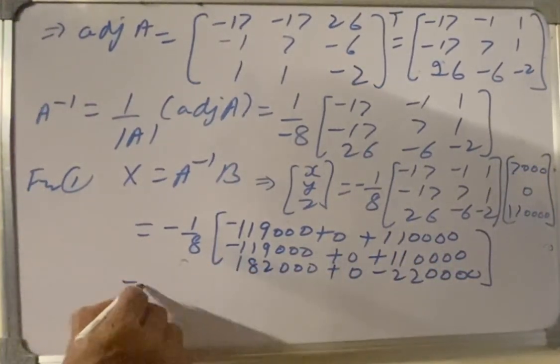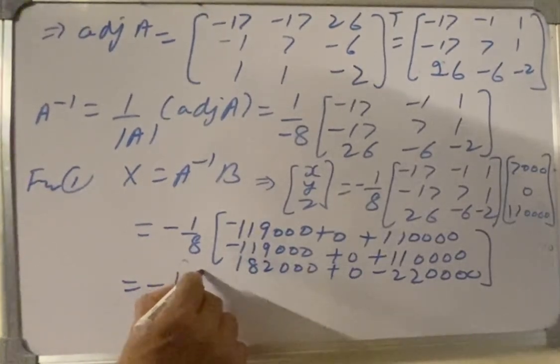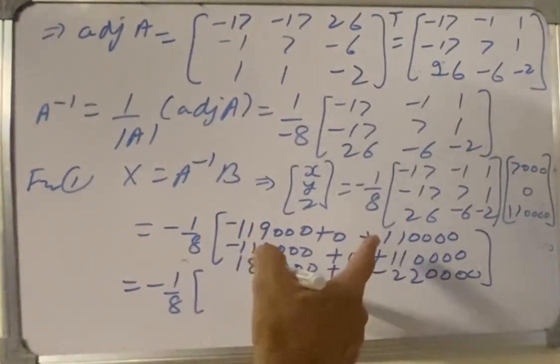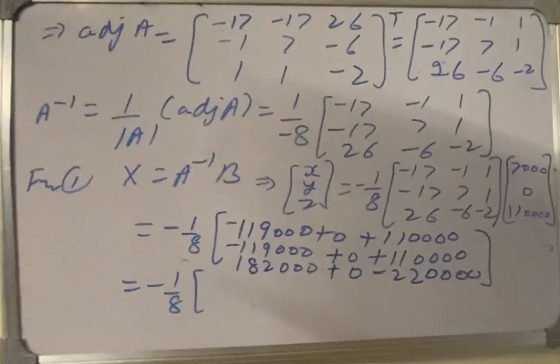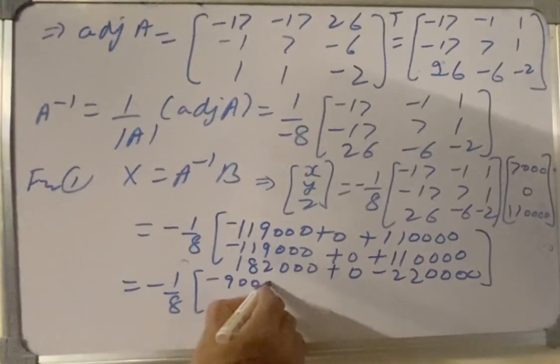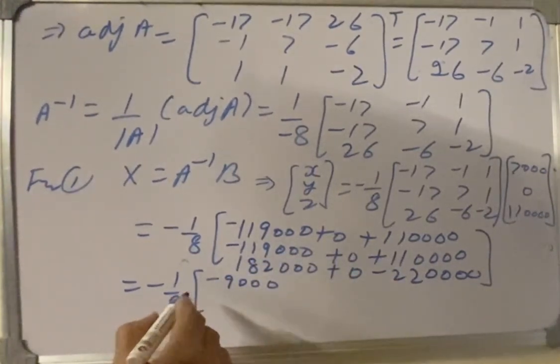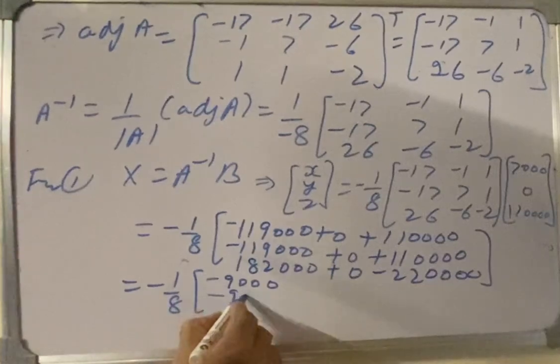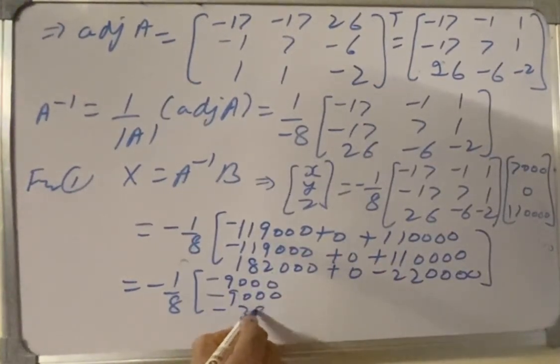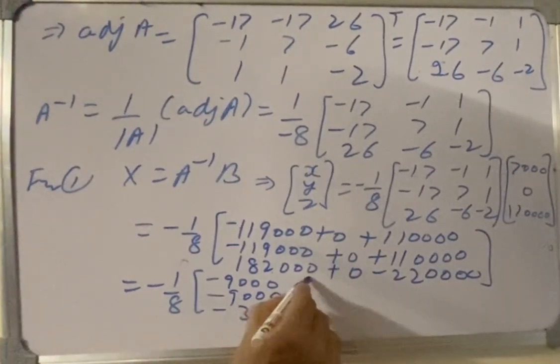So we get minus 1 over 8 into this; subtracting, we get minus 9,000, then minus 9,000, and this minus this is minus 38,000.